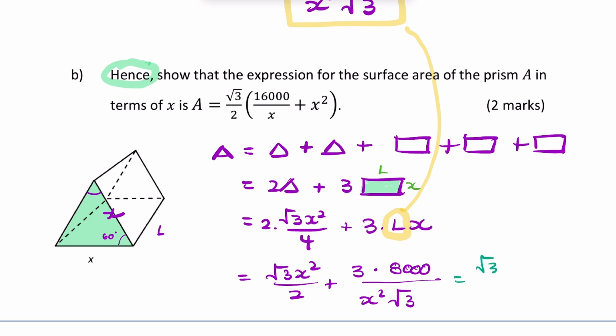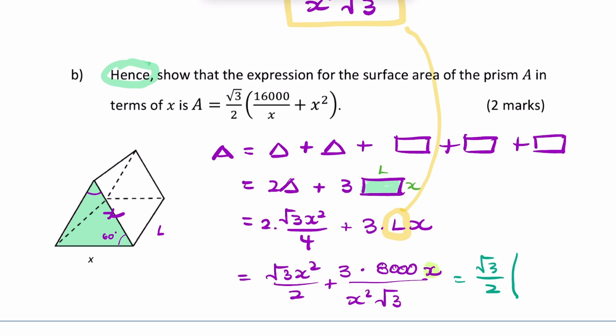So you've got root 3 over 2 into x squared, and you multiply that by 2 because you've got that. I forgot to multiply by x. So let's move that and put an x.